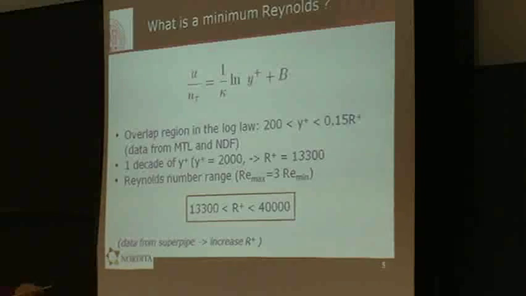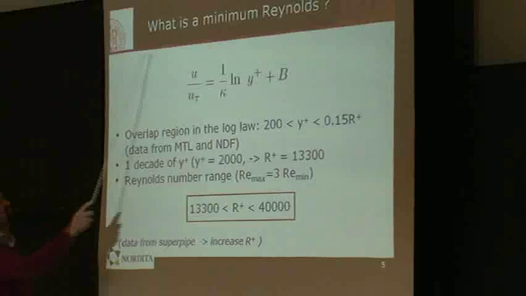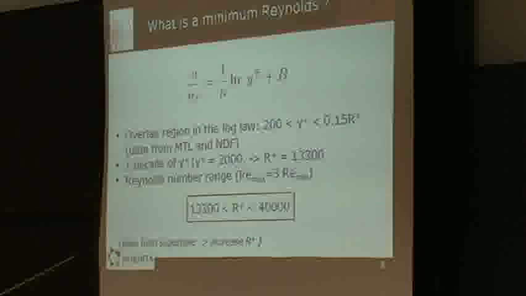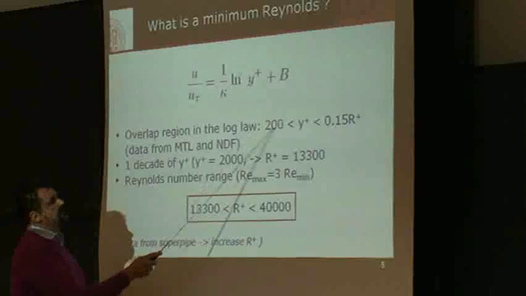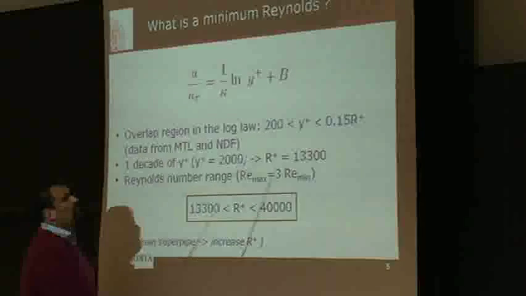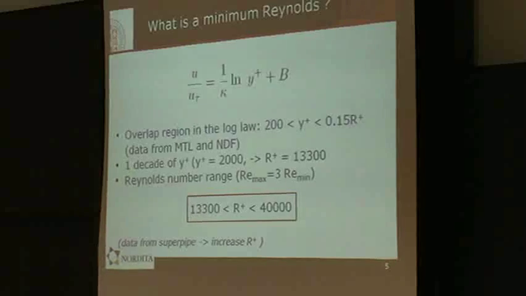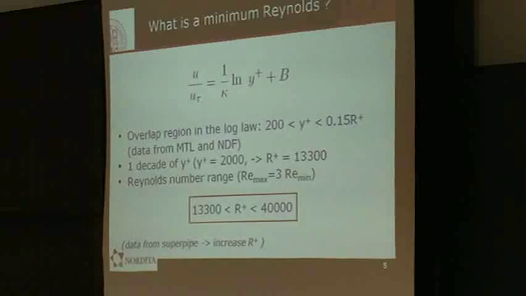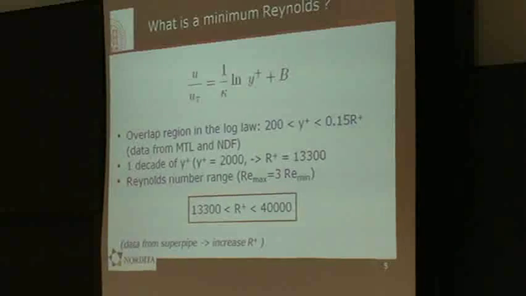But first of all, we want high Reynolds number, but how high? What is the minimum Reynolds number that we have to reach? If we believe that the logarithmic region starts at y plus 200 and finishes at 0.15 R plus, and if we want at least one decade of y plus to study, we have to end up at a y plus equal to 1000.